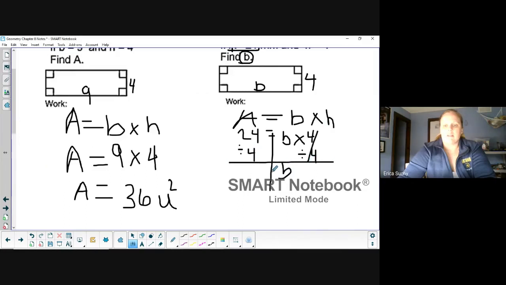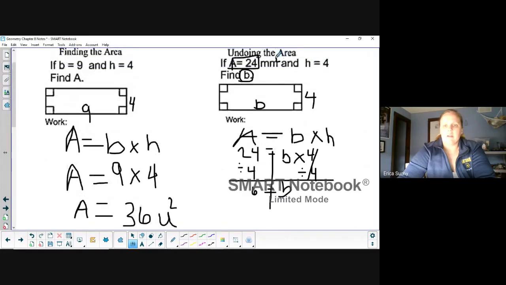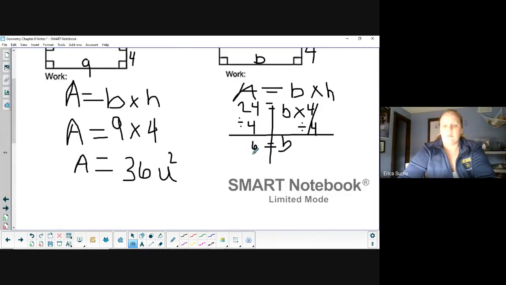And our base comes out to be 24 divided by 4 is 6. Now because of the label up here, millimeters squared for the area, that means the height would be in millimeters and the base would be in millimeters as well.